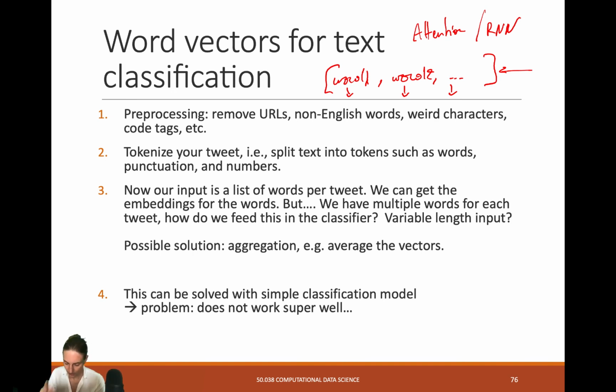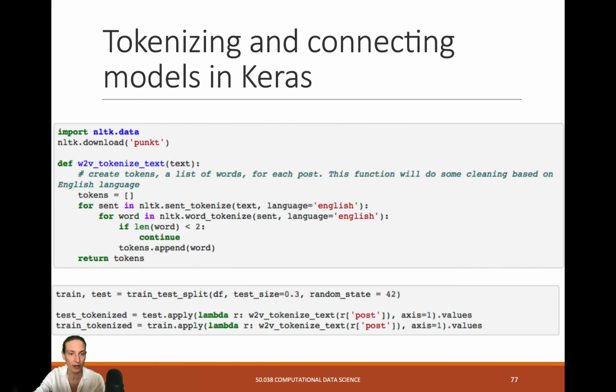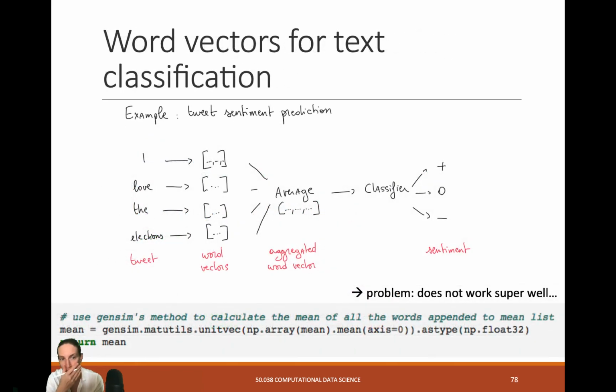But the very simple idea that you might have is, why don't I take the average position of all the vectors? Basically sum the vector positions and divide by n. We can definitely try this. So if we have our average or aggregated word vector here, for example "I love the elections", which definitely might not be true, we go from the words to the pre-trained embeddings.